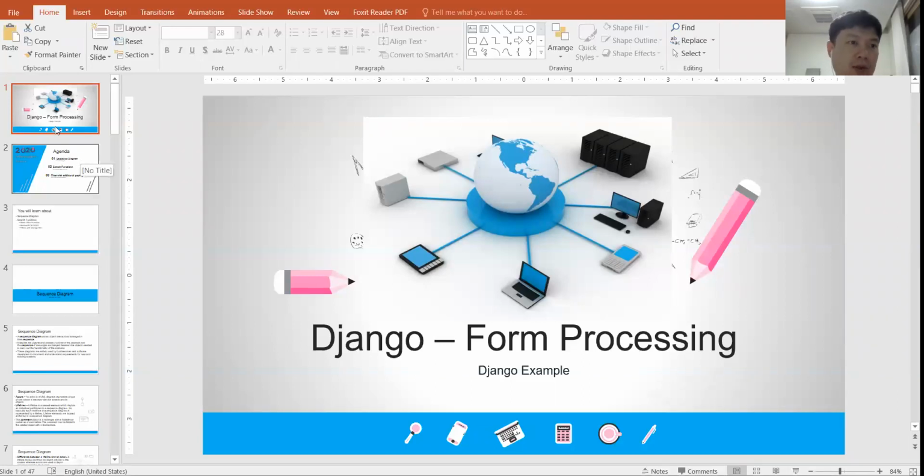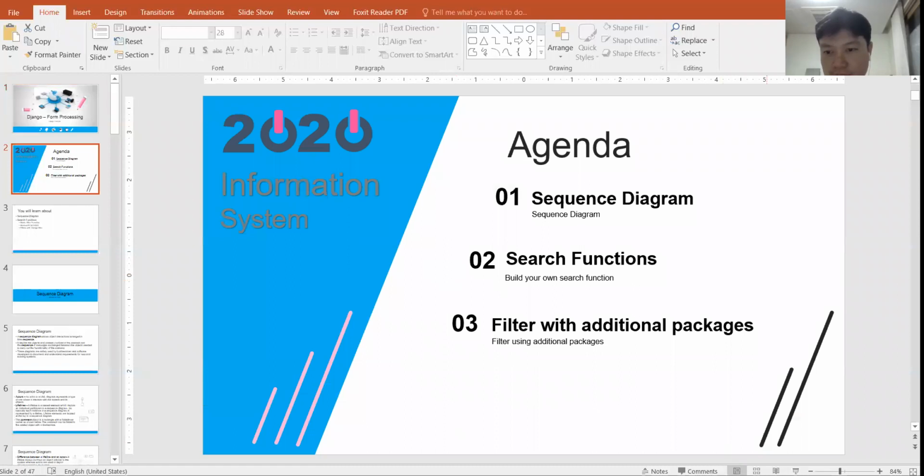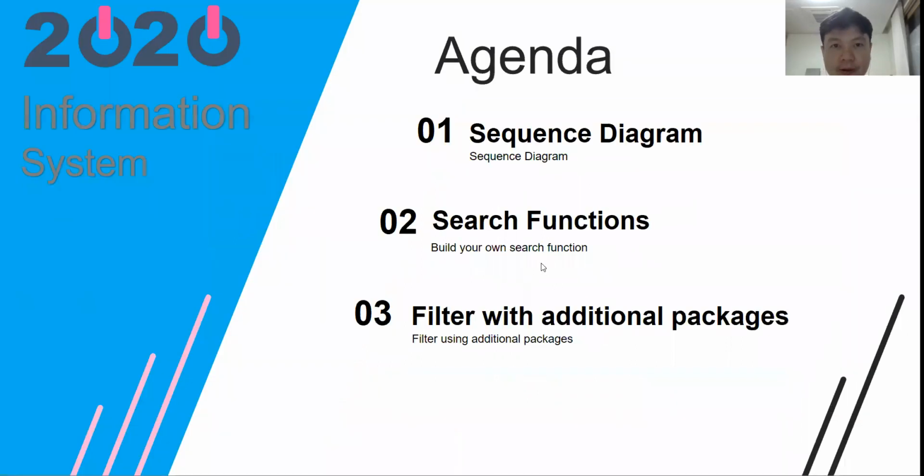Okay, so in the first slide, we have the agenda. So we are going to learn the sequence diagram. And in the next videos, we will learn about the search functions and how we can do filters with additional packages in Django.